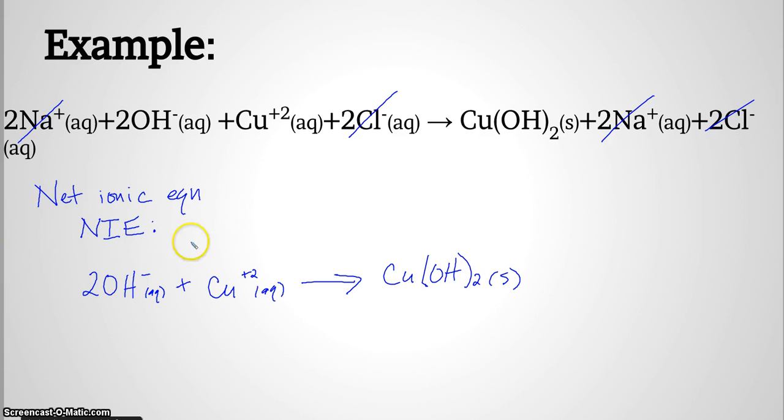So that is the actual chemistry that's happening. These two things are bonding to make this one. The sodium was present, the chlorides were present, but they didn't participate in the actual chemical reaction.